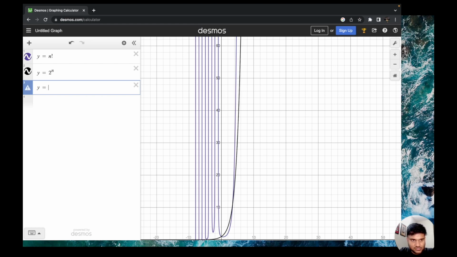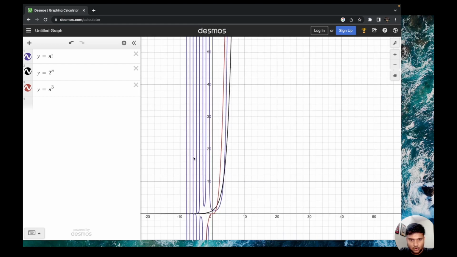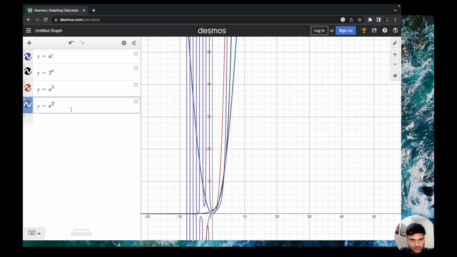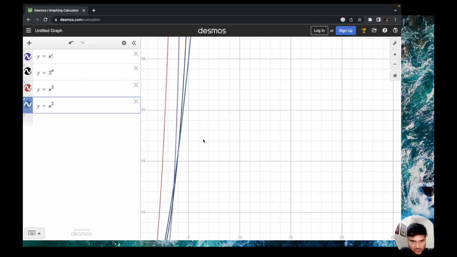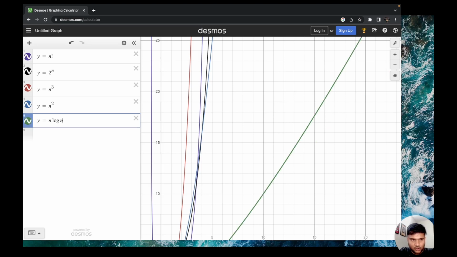Then y is equal to n cube, this red line is n cube. I'll show all of them, don't worry. Then y is equal to n square, this blue line is n square. Then y is equal to n log n, this green line.